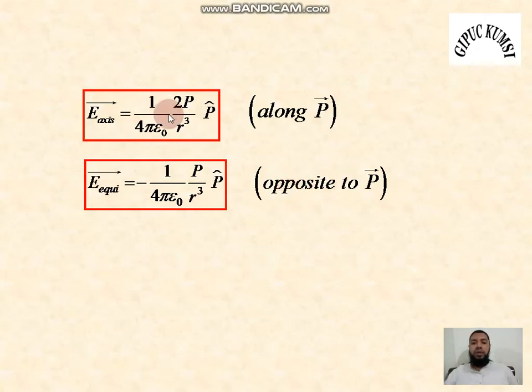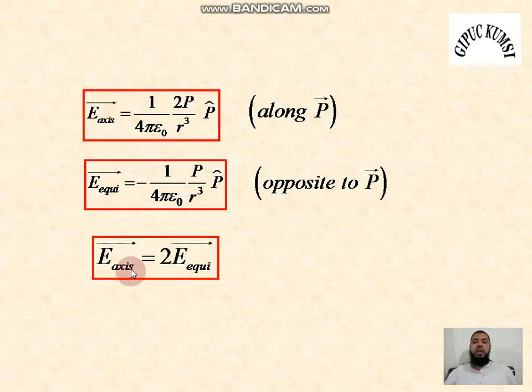If we observe the magnitudes, in magnitude the electric field on the axis is twice that of the electric field on the equatorial, but directionally they are opposite. These are the very important expressions you have learned today.